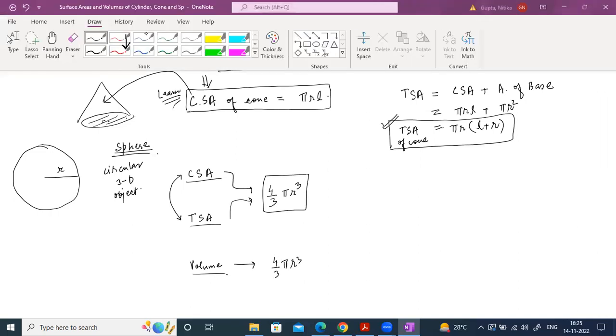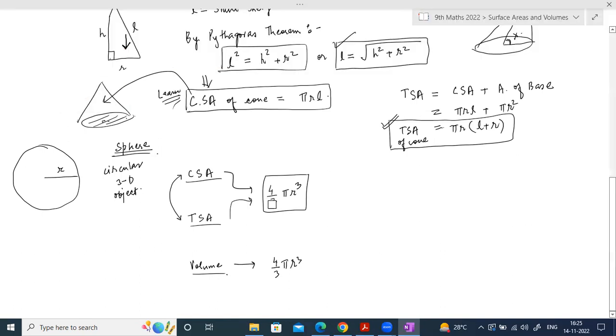The CSA is not that. CSA is, just remove the two threes. Remove the 3 from the bottom, remove the 3 from the top, and put a 2 instead. 4 pi r square is the CSA and the TSA, and the volume is 4 by 3 pi r cube.